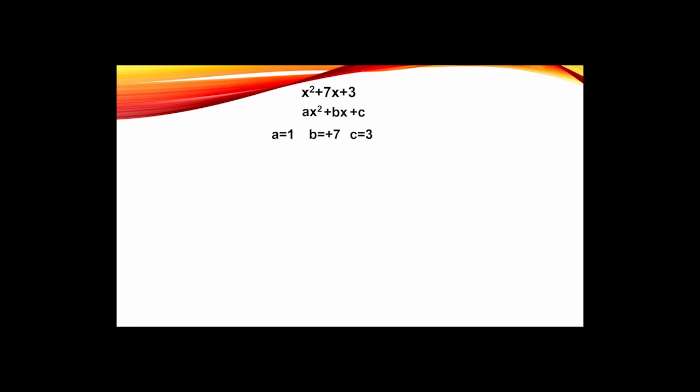So to split the middle term, that is b, into two terms, we have two conditions, that is b1 into b2 should be equal to a into c, that is 3. And another condition is that b1 plus b2 we should get as 7. Think whether there are any numbers which can split b into b1 and b2 that satisfy both these conditions.